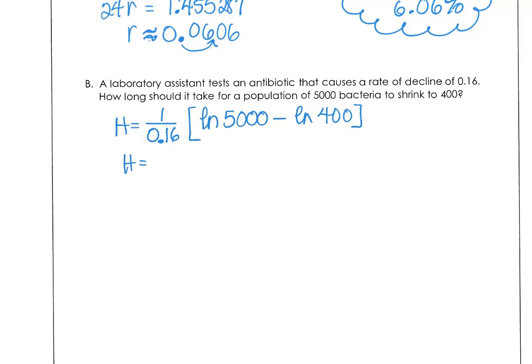So we're looking at 1 divided by 0.16 and doing natural log of 5,000 divided by 400.